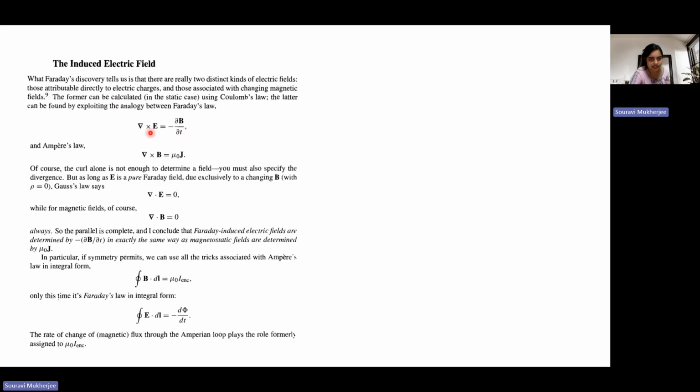Faraday's law tells us that when you have a changing magnetic field, the rate of change of the magnetic field is related to the curl of the electric field by this relation. In the last class, we discussed Ampere's law, where we saw that the curl of the magnetic field is equal to mu naught J. That means if you have some current sources, given by J, they would result in a magnetic field.